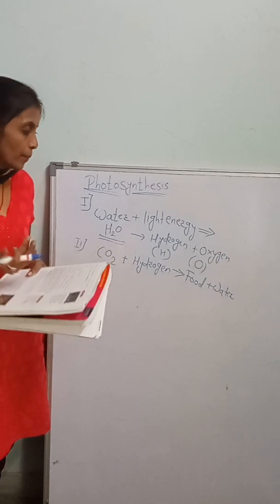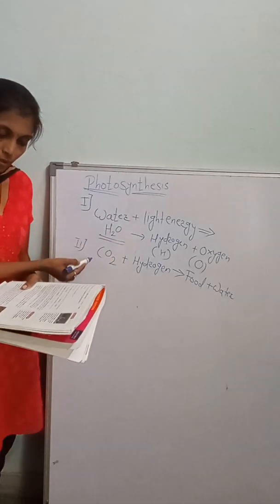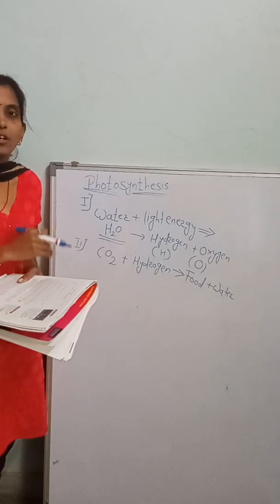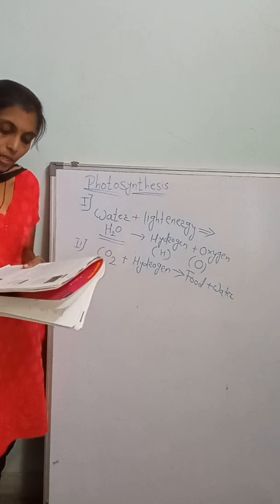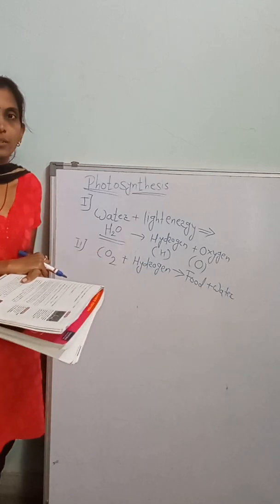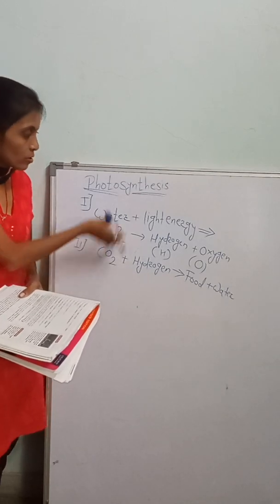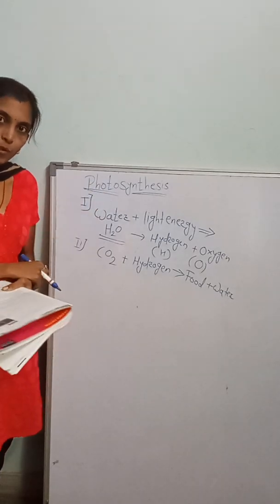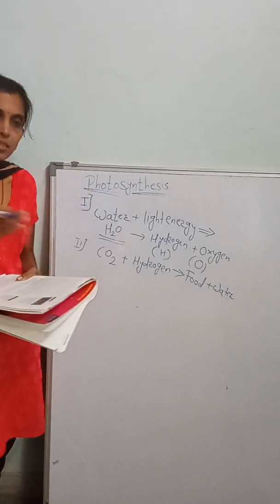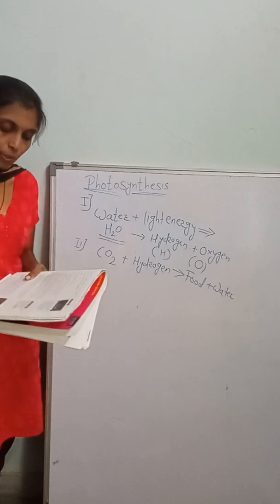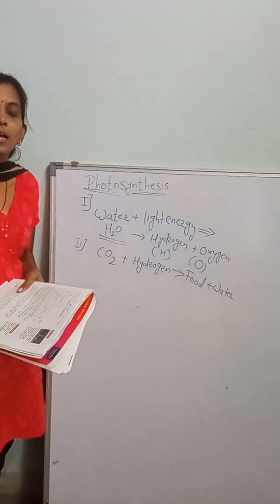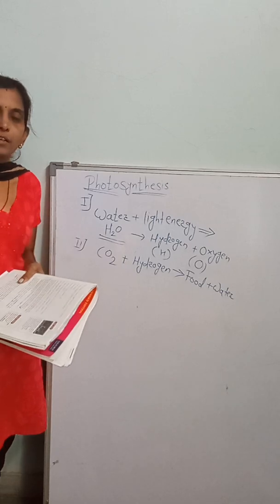The carbon dioxide that is a waste product of the burning process and respiration process is used up in photosynthesis. This process keeps the balance between oxygen and carbon dioxide in the environment.